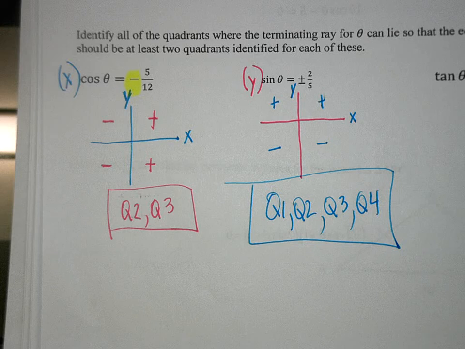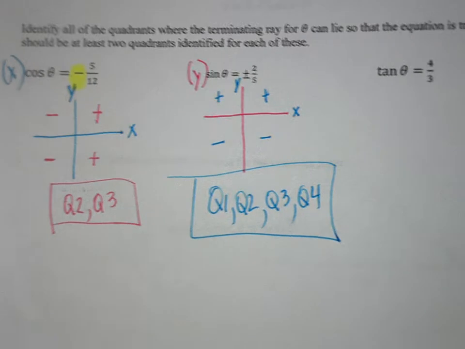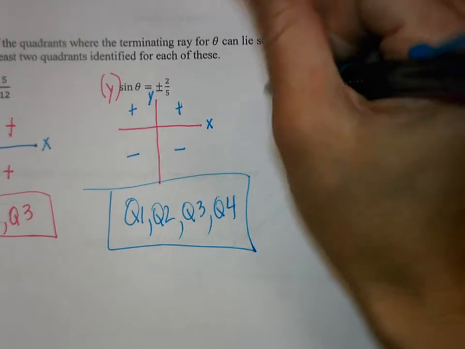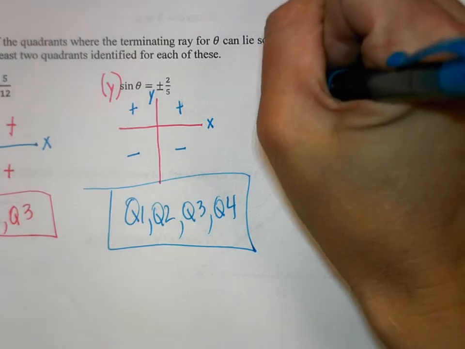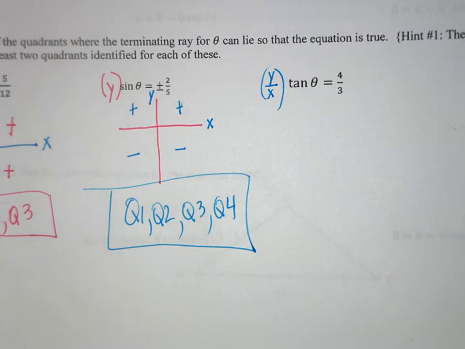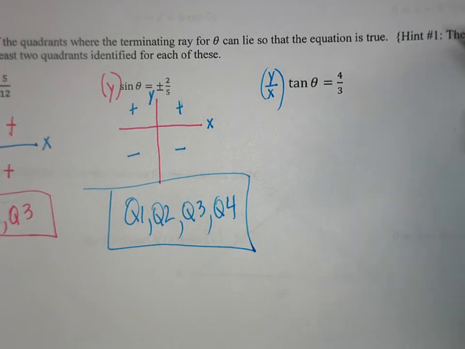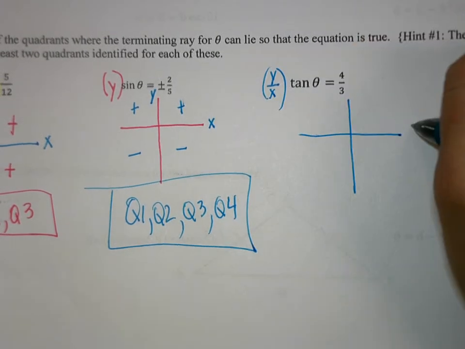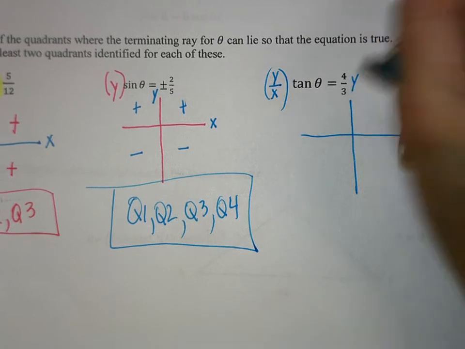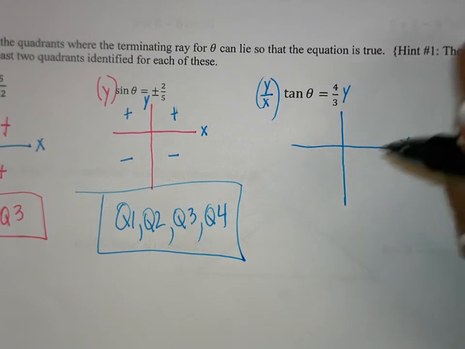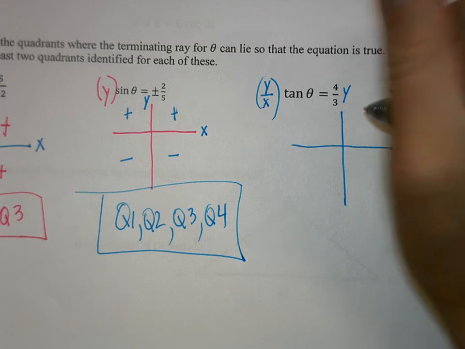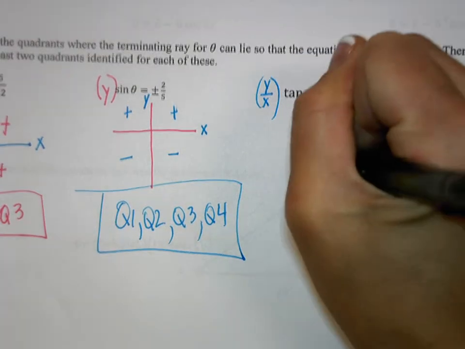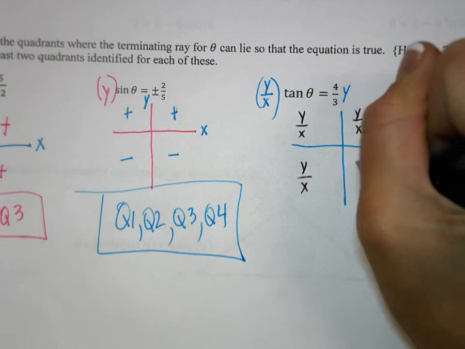Okay. Now, tangent is dealing with y divided by x. Okay. So this one is a little bit more tricky. Okay, again, I'm just going to label this x and y. So in each of these, I'm going to write here y divided by x, in all of my quadrants so we can visually see what's happening.